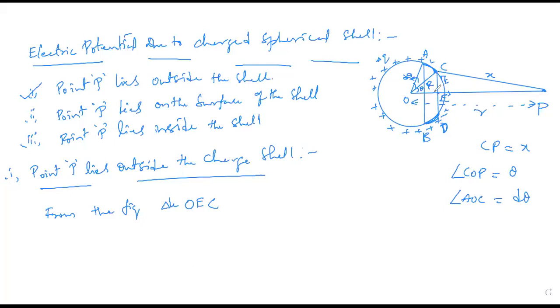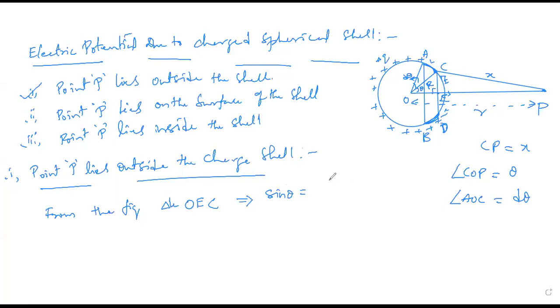This is a right angle triangle I have taken, because this is the triangle covering the ring ABCD. So from this right angle triangle OEC, because it is 90 degrees, what can you write?